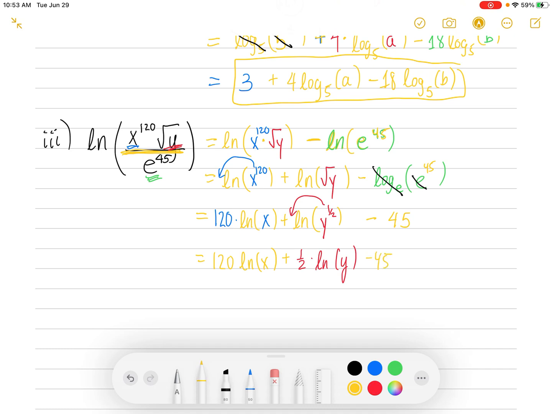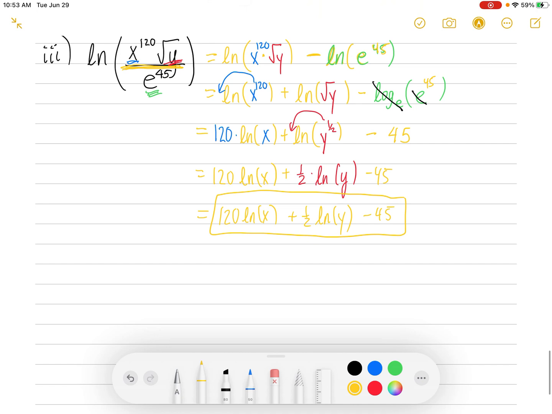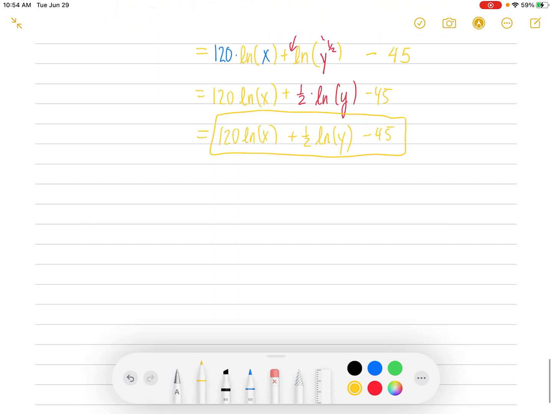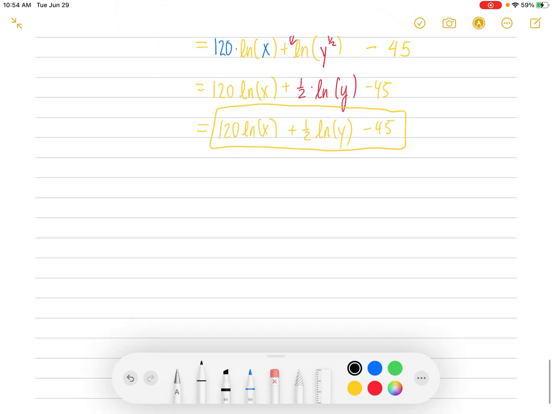So we'll end up with 120 natural log of x plus, we're going to take this 1/2 power out front, 1/2 times natural log of y, and then minus 45. So in conclusion, our final answer is 120 natural log of x plus 1/2 natural log of y minus 45. That's expanded and simplified entirely.